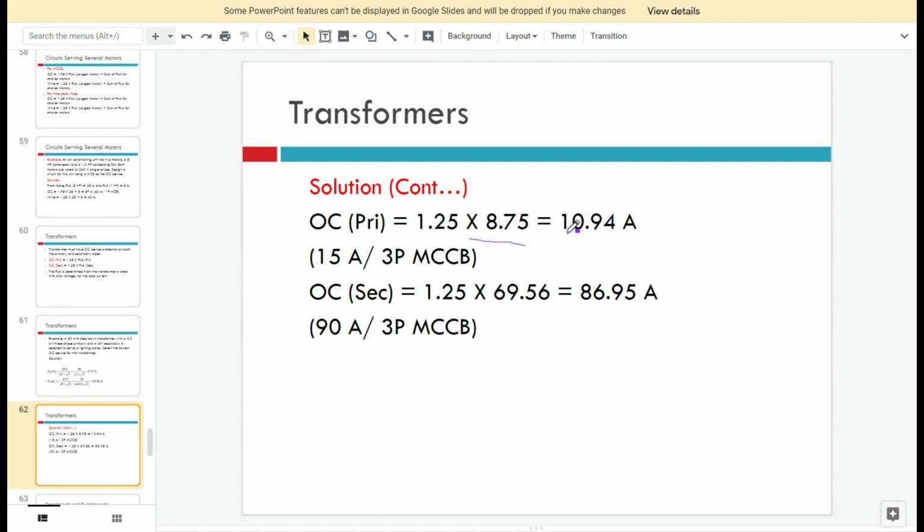So you get 10.94 ampere for the primary side. Okay, so approximately around 50 amp, three phase, three poles, and then you use the MCCB. This one you can use for the secondary side. You multiply 1.25 with the FLA, you get 86.95 ampere. So approximately you can choose a 90 amp three phase MCCB. That one is for the transformers.